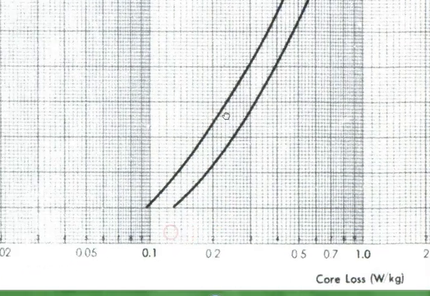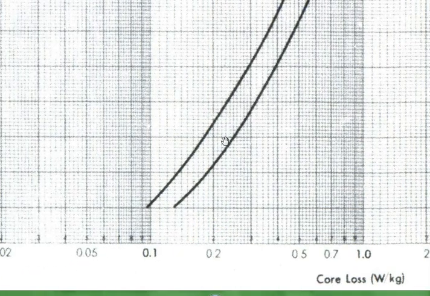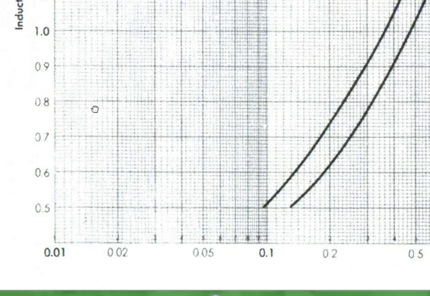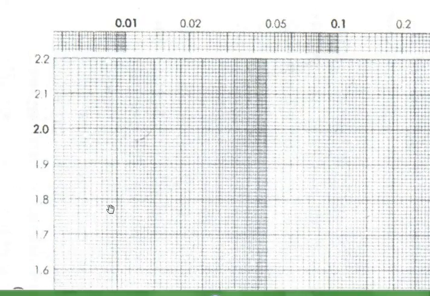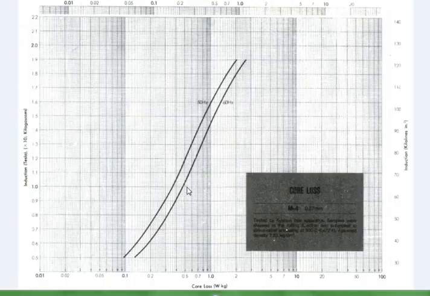If I zoom in over there, on the y-axis you can see core loss in watts per kilogram, and on the x-axis you have induction in Tesla, going from about 0.4 or 0.5 Tesla up to 2.2 or so. This is the core loss curve, labeled M4 0.27. M4 is the grade of that material, and 0.27 mm is the thickness of the lamination.